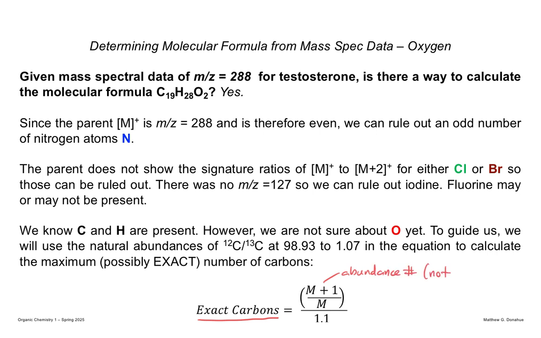So these are not mass numbers. If you look at the M+1 abundance and you divide that by the abundance of M, and then overall you divide that by 1.1, that's going to give you the exact number of carbons. And this equation, as I said, falls out from that 99:1 of C12 to C13.